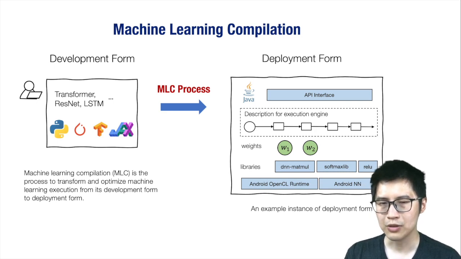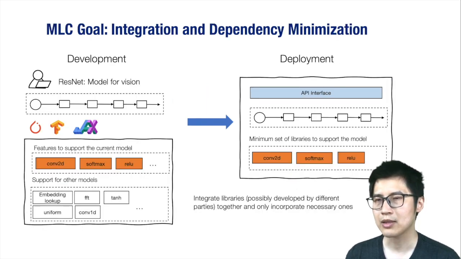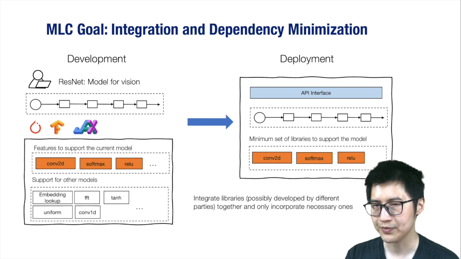So the first goal of MLC is that we want to be able to help us to integrate together a lot of the solutions for that deployment form and also minimize the dependencies. So in this particular case, on the left-hand side, let's assume that we are trying to build a machine learning model for computer vision.